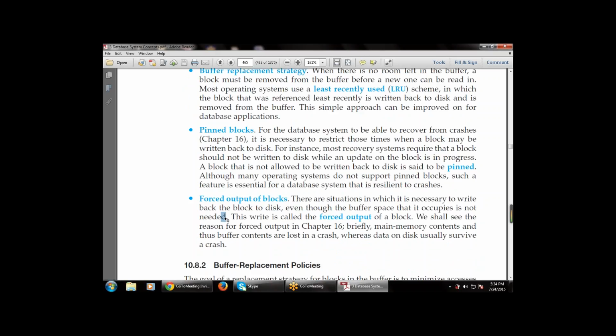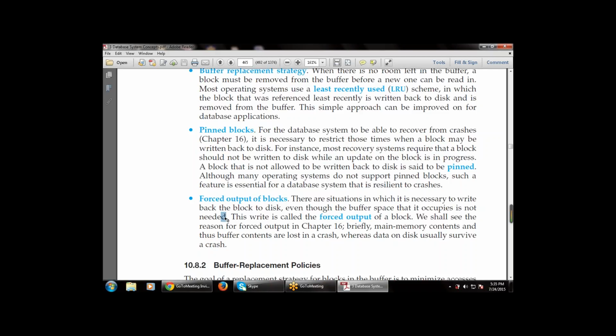This write is known as the forced output of a block. We shall see the reasons for forced output in chapter 16. Briefly, main memory contents, and therefore buffer contents, are lost in a crash, whereas data on disk usually survive a crash.